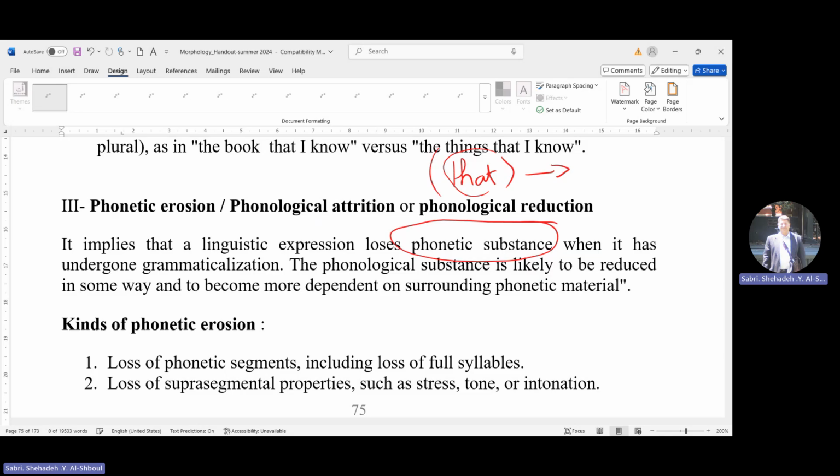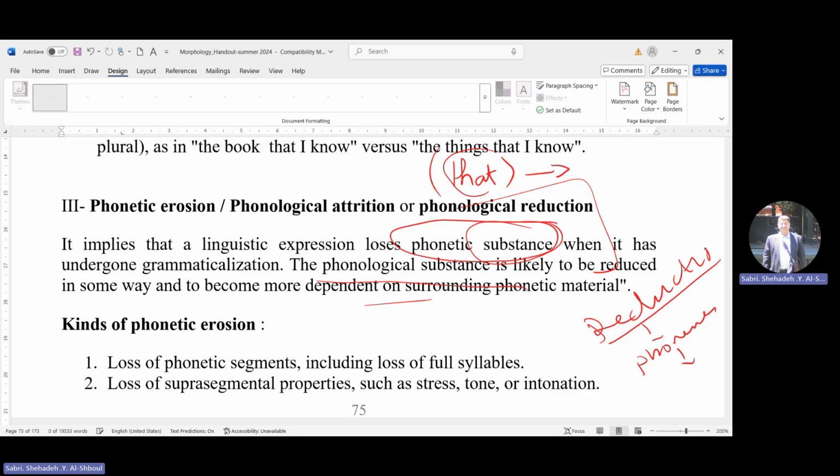So the phonological substance, the sound itself, is likely to be reduced in some way to become more dependent on surrounding phonological material. So here we talk about reduction, and this reduction is phonemic, I mean to phonemes. We call it substance because sometimes it is not predictable.